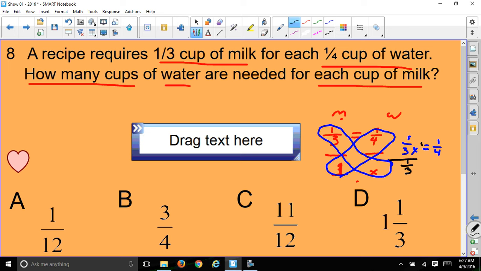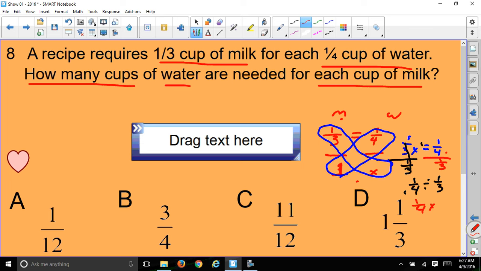Divide by 1/3. This will cancel out, but I'm going to take 1/4 and write divide by 1/3 this way. That looks a little bit better, because I know I could write it the other way, like that, but I'll write it this way. That way I remember my rules.